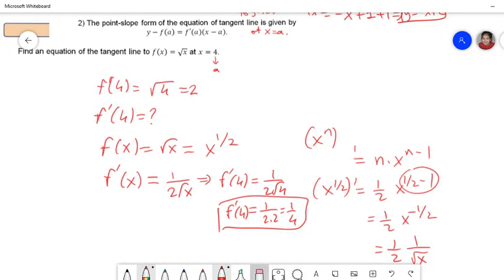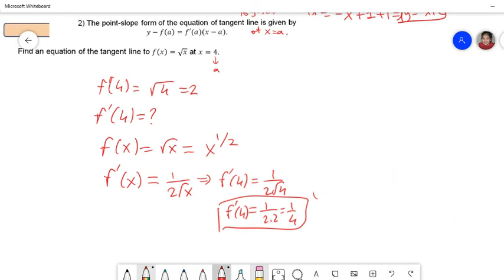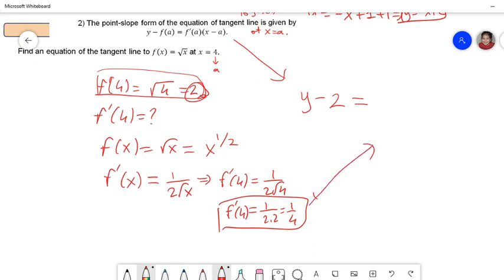We are done with f of 4 and f prime of 4, so we can directly use the formula here. Y minus f of 4, which is 2, is equal to f prime, which is 1 over 4, times x minus 4.